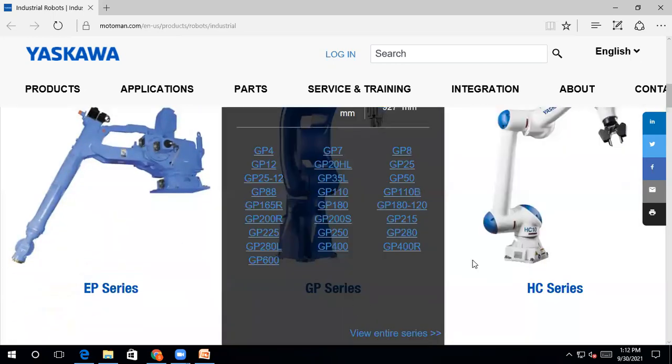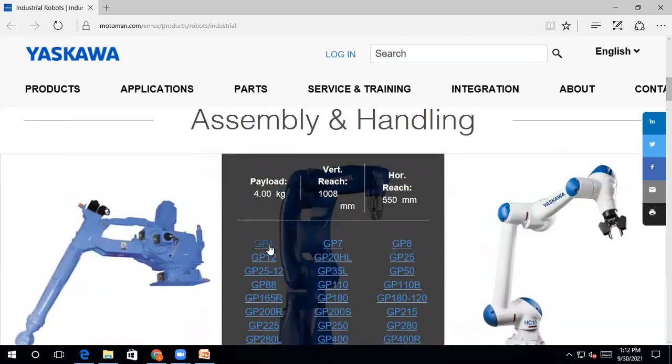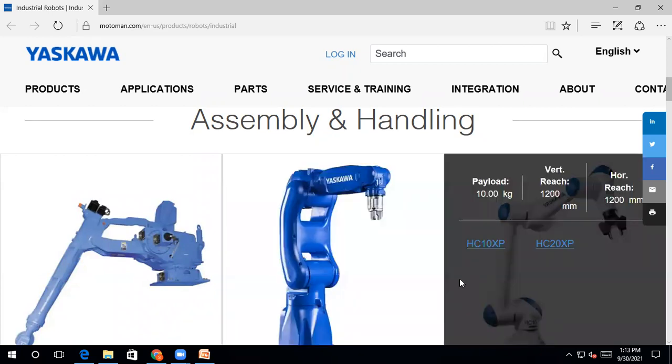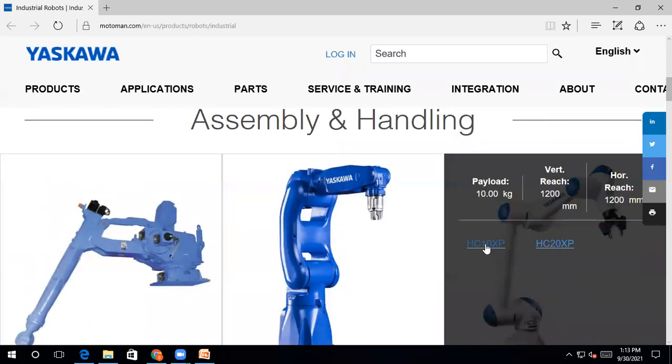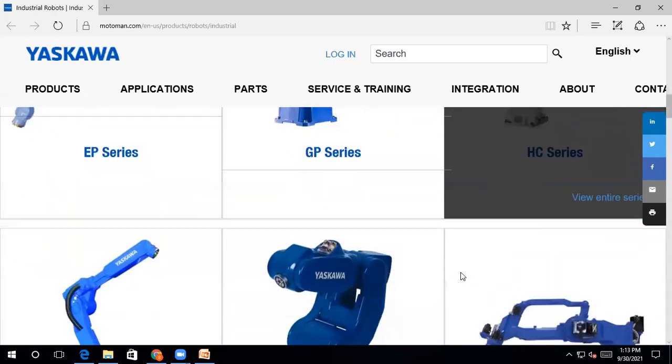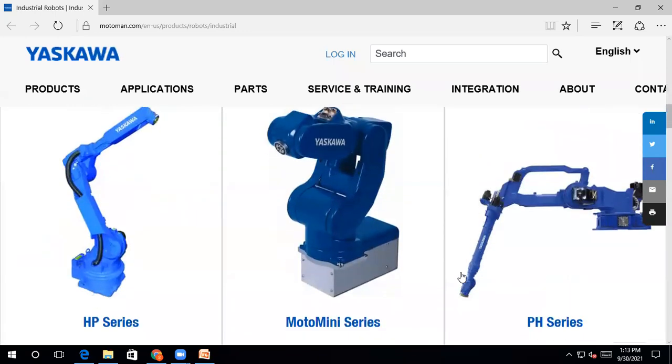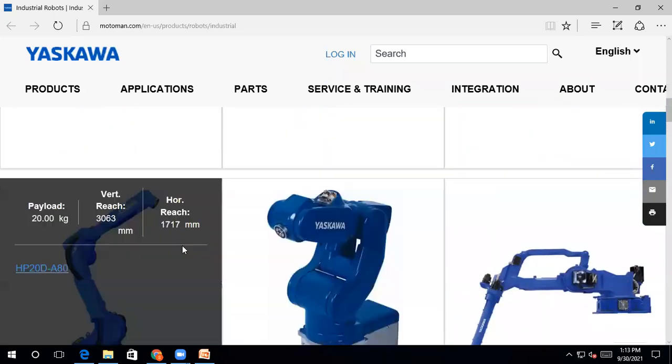Now next, this robot is the GP series. We'll see one specification only. GP4: its payload is 4 kg, vertical reach 1008 mm, horizontal reach 550 mm. Now next, this robot, the HC series. HC10XP: payload is 10 kg, vertical reach 1200 mm, horizontal reach 1200 mm. Again, now this HP series is there.